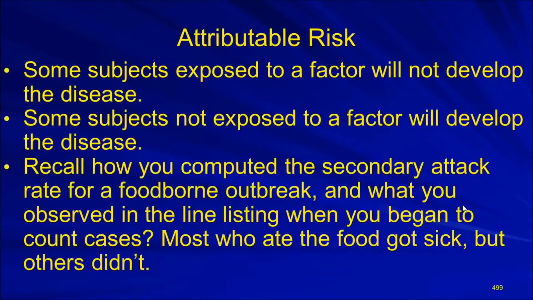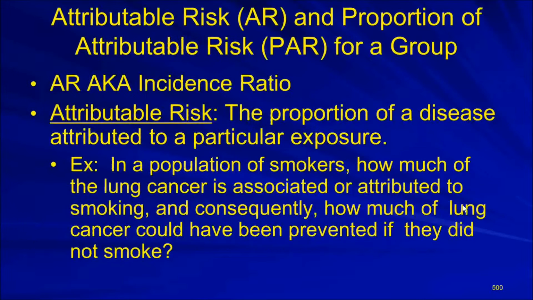Attributable risk, the amount of risk attributable to the disease. Okay, and attributable risk and proportion of attributable risk for a group. Now, with doing a prospective study, we're going to do group statistics and population statistics.